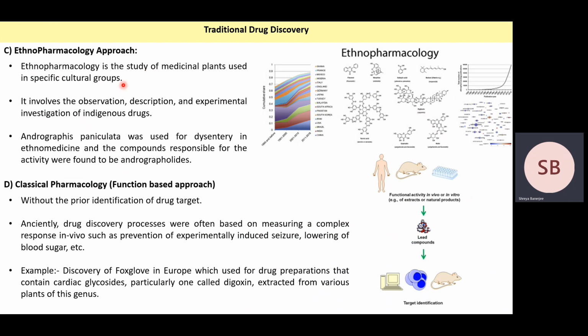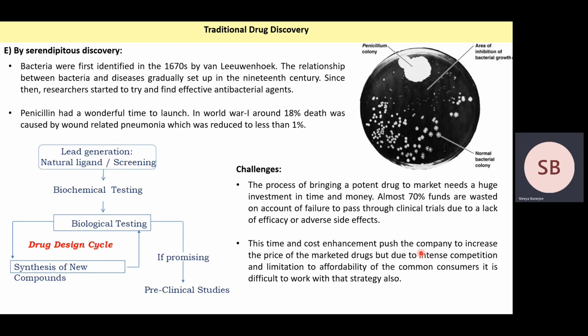Then there is the ethnopharmacology approach, where the medicinal plants used by specific cultural groups are studied, or the classical pharmacology approach, which is a function-based approach, where we start with the known function of a particular plant or compound, and from there we identify the lead compound, and from there we identify the target. And the final is the serendipitous discovery, where completely by luck a drug is discovered, like the case of penicillin.